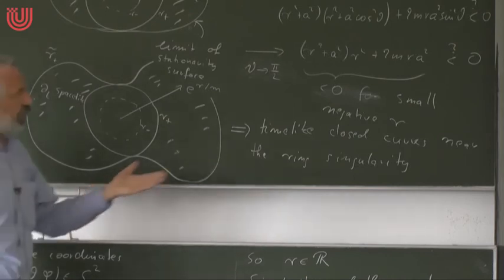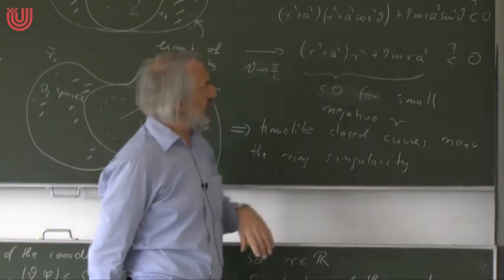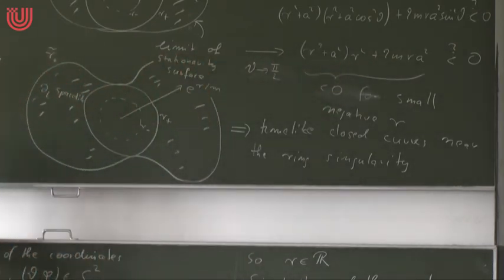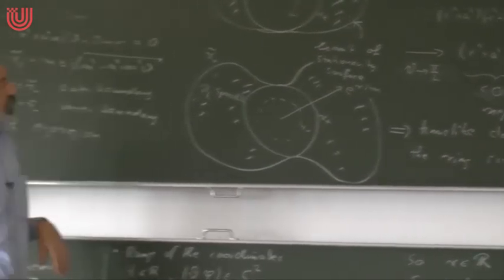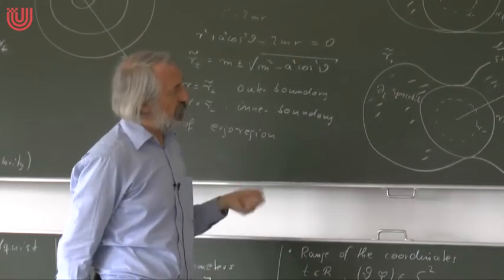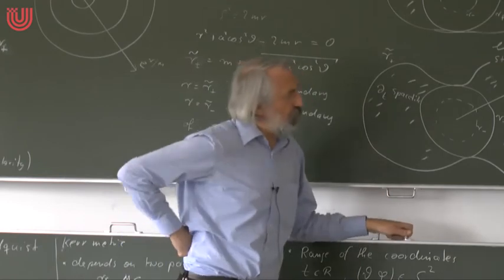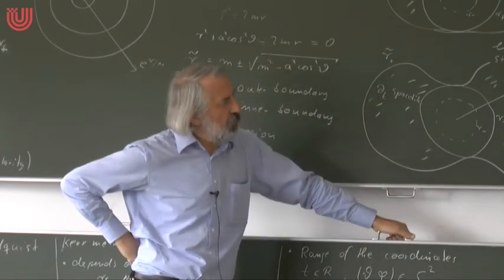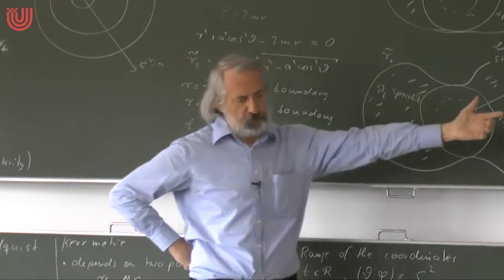And we also have it, you see it from this expression, for the naked singularity case. In the naked singularity case, it's even more troublesome, because then I could go to this region.